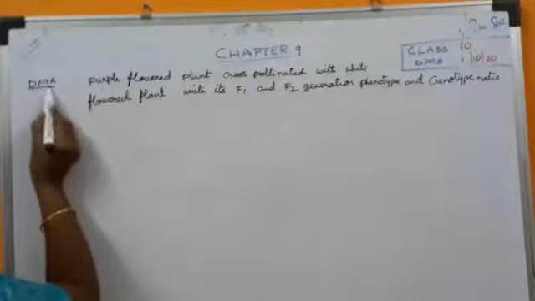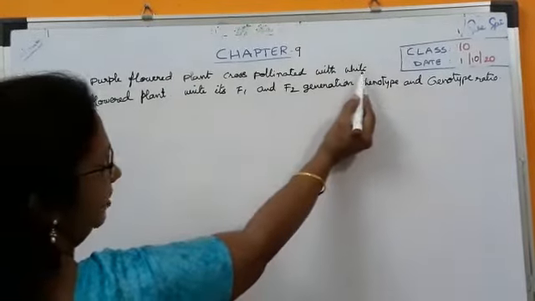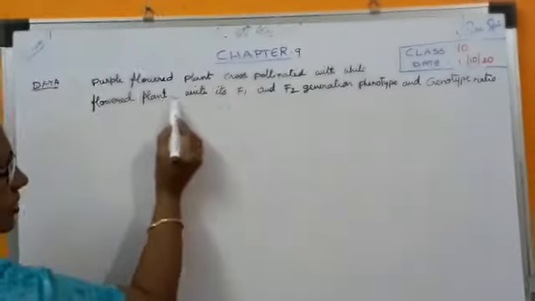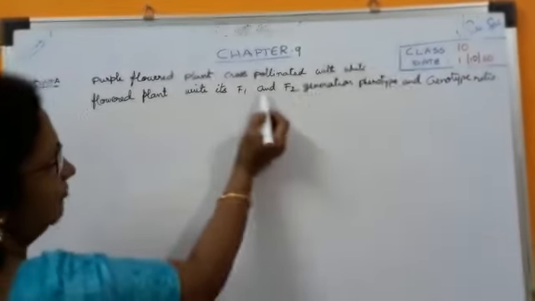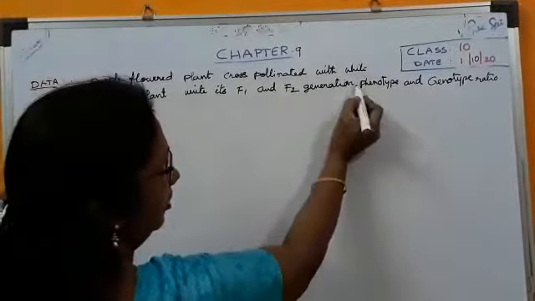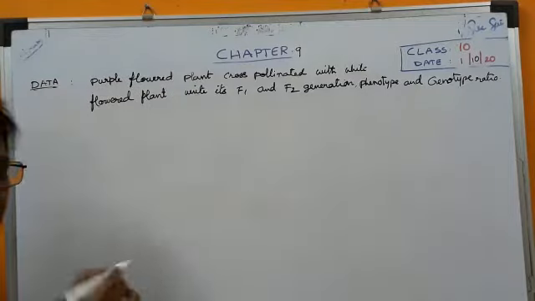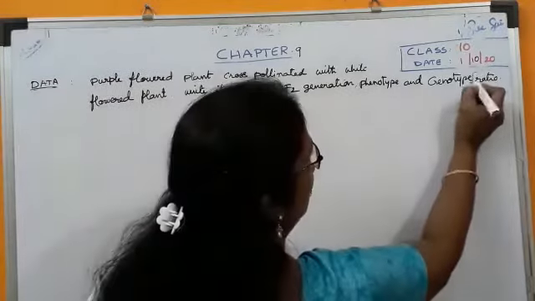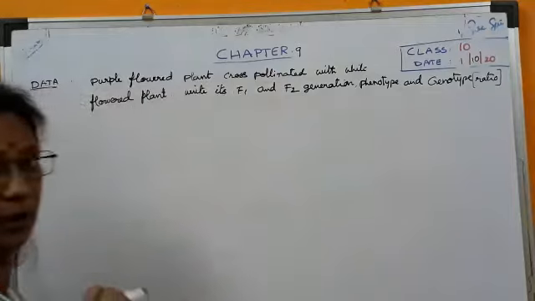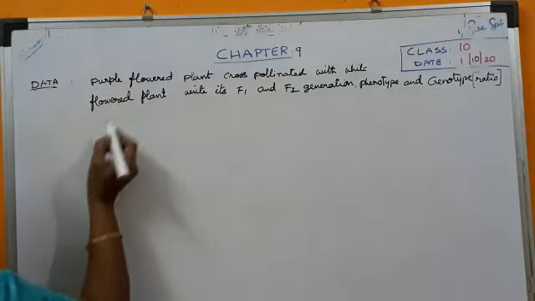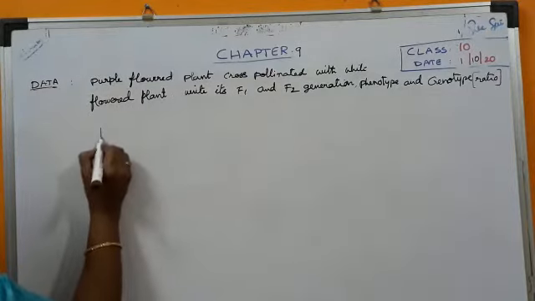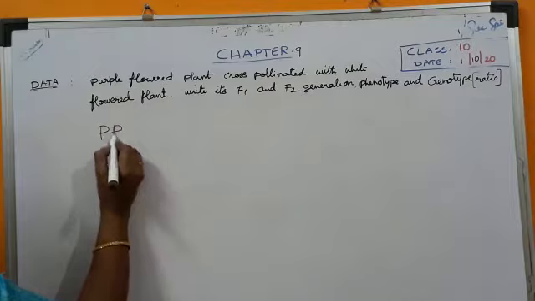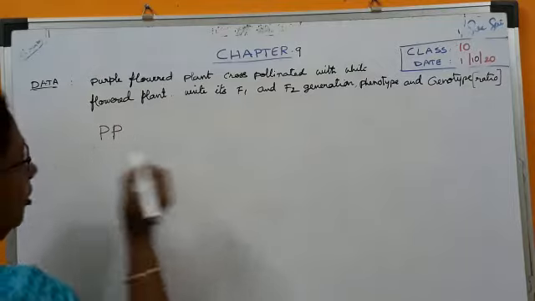Here the data given is: a purple flowered plant is cross-pollinated with a white flowered plant. What are its F1 and F2 generation phenotype and genotype? You also have to mention the ratio. This is the data given. Now, how do we do it? First, the purple flowered plant, capital P, capital P. It is pure breed.